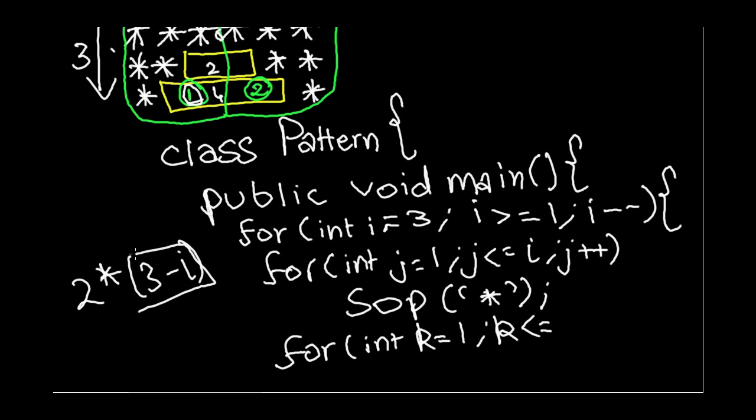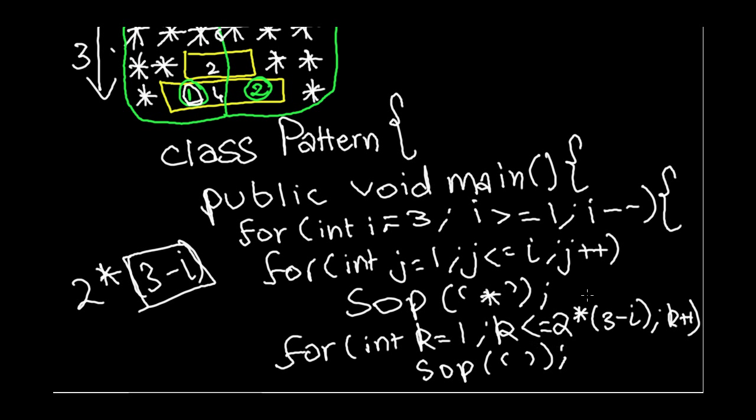So notice this, when I is 3, 2 into 0, there's 0 spaces. I becomes 2, 3 minus 2 is 1, 1 into 2, 2 spaces. I is 1, 2 into 2, 4 spaces. That's why you go from 1 to 2 into 3 minus I, k plus plus, and here you just print an empty space.